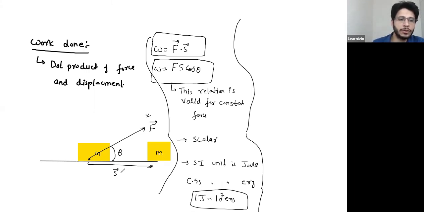Then the work done is Fs cos theta. It's the product of force acting on the body, displacement of the body, and the cosine of the angle between force and displacement. This product is known as work. It's a scalar, SI unit joule, CGS unit erg, 1 joule is 10 raised to the power 7 erg. This is the definition of work.